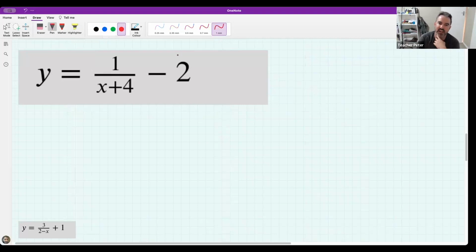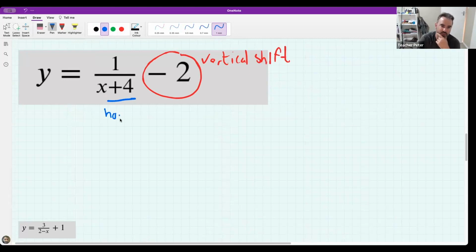What happens here is we call this a vertical shift, and we call this part here a horizontal shift.